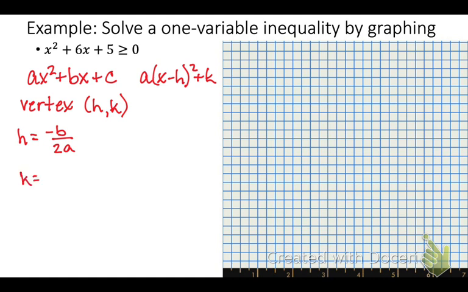Just plug it in. Plug it in where? Ax squared plus bx plus c. Okay, once I have h, you plug in h to the given equation to get k. Okay? Mm-hmm. And then once you have that vertex, you can pick equal sides on there, can't you? And build your way up.